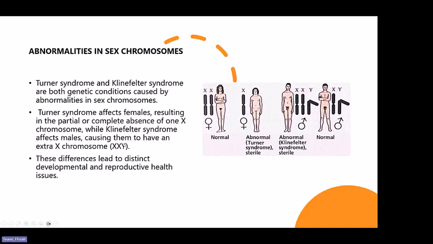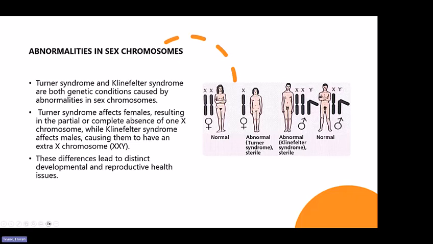Remember what I said when I was showing you the karyotype, that photograph that I displayed? I have indicated to you that the sex chromosomes for females are double X, and for males are XY.